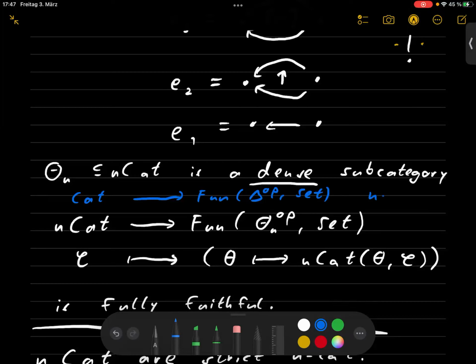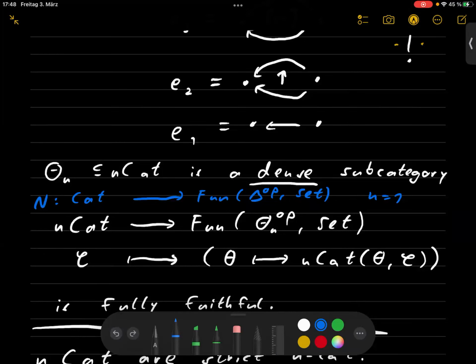If you put n equals 1, then this is a special case. And this is just the ordinary nerve. And it's also fully faithful. It makes simplicial sets the type of object where we can generalize now, for example, to quasi-categories, where we have this composition relation, which is now slightly weakened.